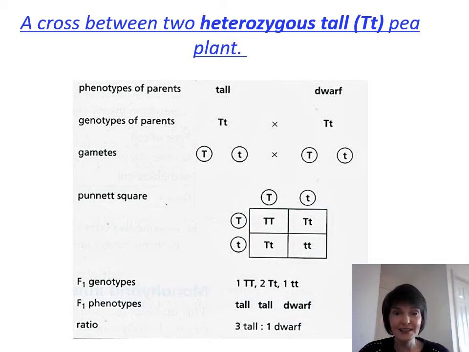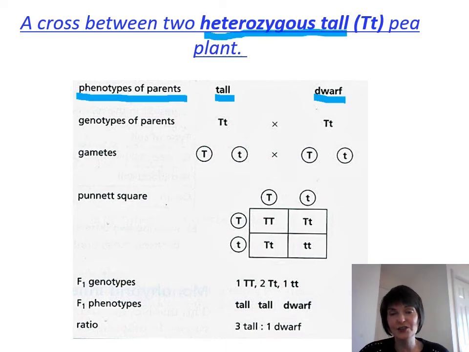So again, setting it out as before, phenotypes of parents, we've got a tall one and we've got a dwarf one. But it's not big T this time because we're actually told in the question that it's a heterozygous tall pea plant. So that goes in here.